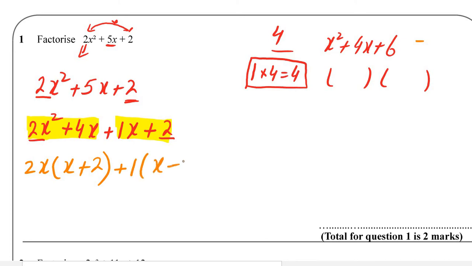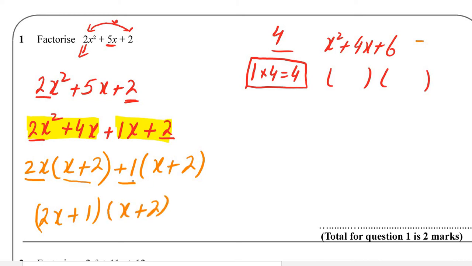Then x plus 2 stays as it is, and I write 1 because when you multiply 1 with any number you get the same thing. The last step is 2x plus 1 written together in a bracket, and x plus 2 written just once.